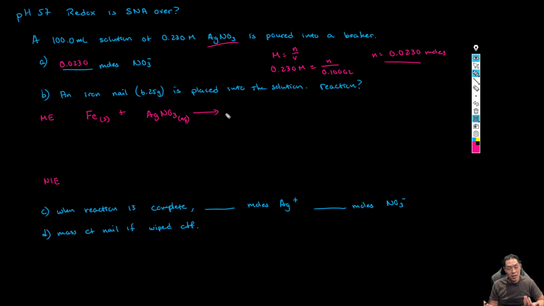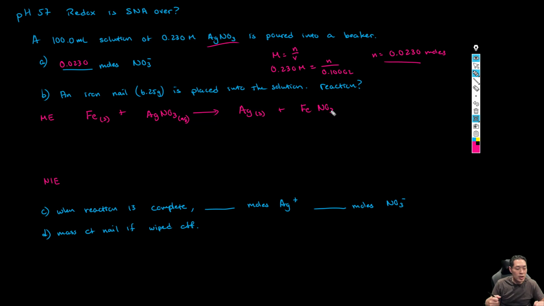Well, what's going to happen is you're going to have a single replacement reaction. So if a reaction is going to happen, iron and silver are going to replace each other. If they don't, then nothing happens, but obviously something happens, so they're going to replace each other. So I'm going to have silver by itself as now a solid, and then I'm going to have Fe with NO3.